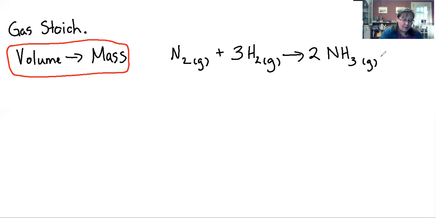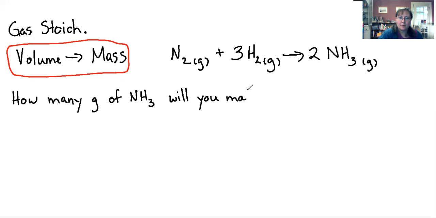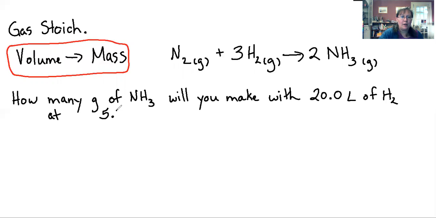Now in this one, the problem is: how many grams of ammonia will you make with 20 liters of hydrogen gas at 5.42 degrees Celsius?